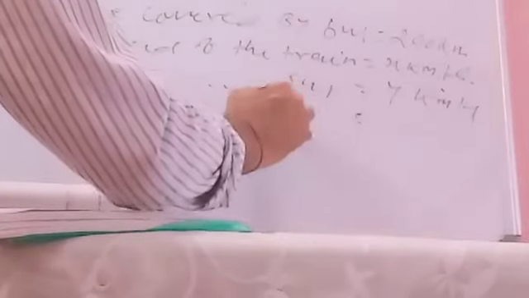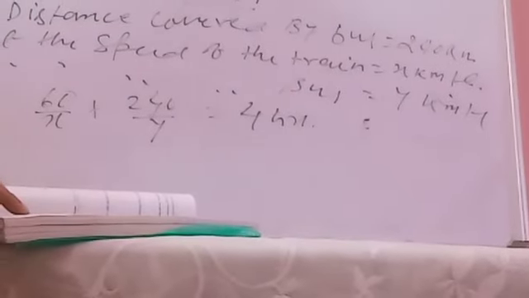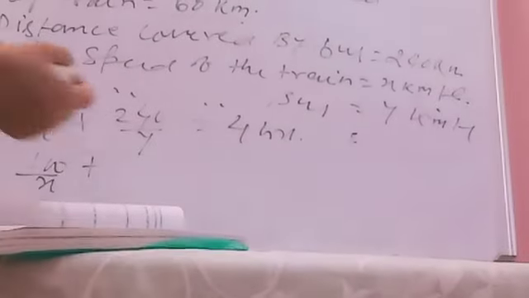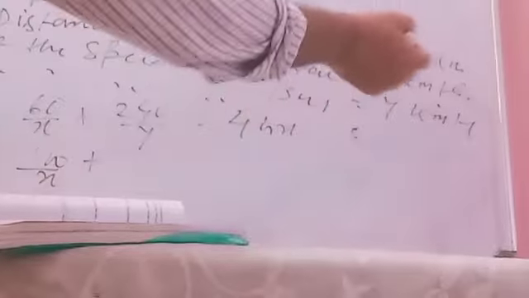So what's the time taken by train? 60 by x, and this is 240 by y. And how much time is being taken? 4 hours. So this would be the first condition. And what about the next? It is saying that if she travels 100 kilometers by train, now it would be 100 upon x plus, if 100 kilometers by train, then the remaining would be 200. So this is 200 upon y.